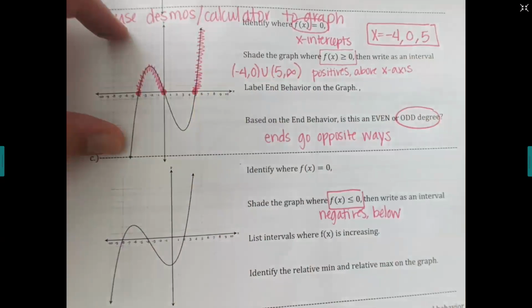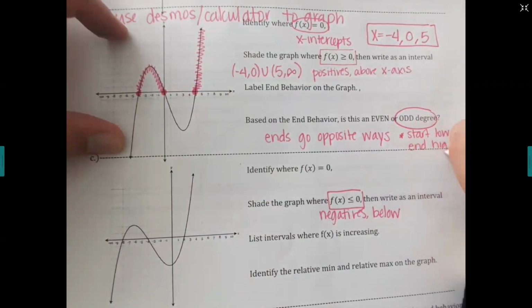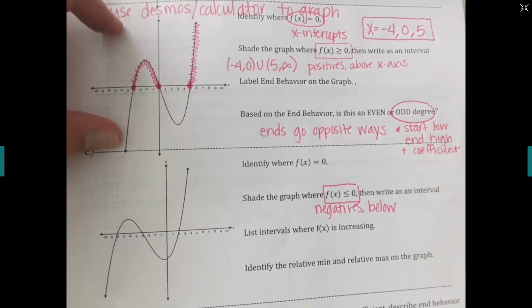Positive is correct. Good job. So I'm going to put here start low and end high means it's a positive coefficient. So not only is it odd, but it's a positive odd. Versus how would a negative odd go? It starts at the top and eventually it ends up at the bottom.